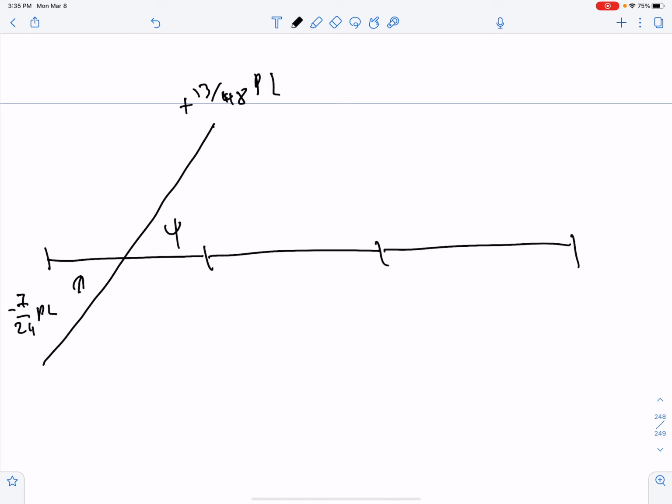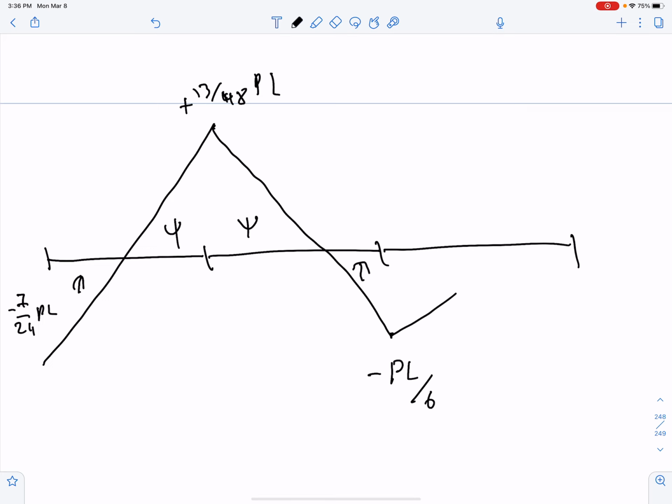Then you start out right there, moment is continuous, and then you drop down to PL over 6. So again, somewhere in the middle of the element, you're going to have an inflection point. This is concave, sorry, this is convex. Now you cross into the concave territory. This guy becomes minus PL over 6.